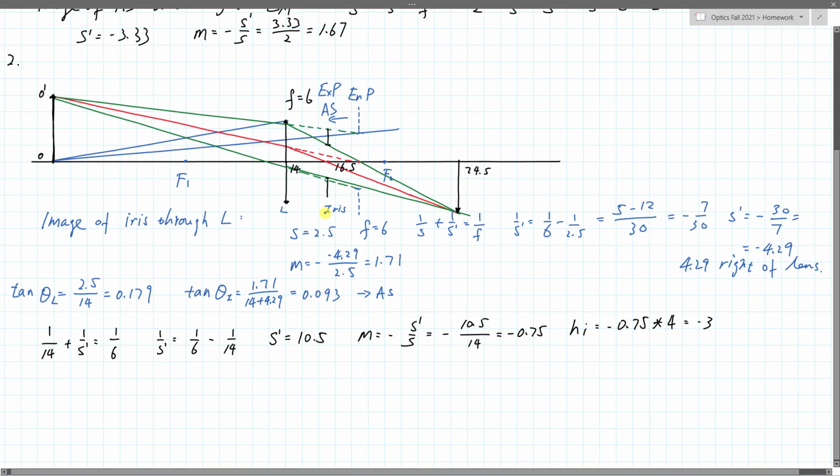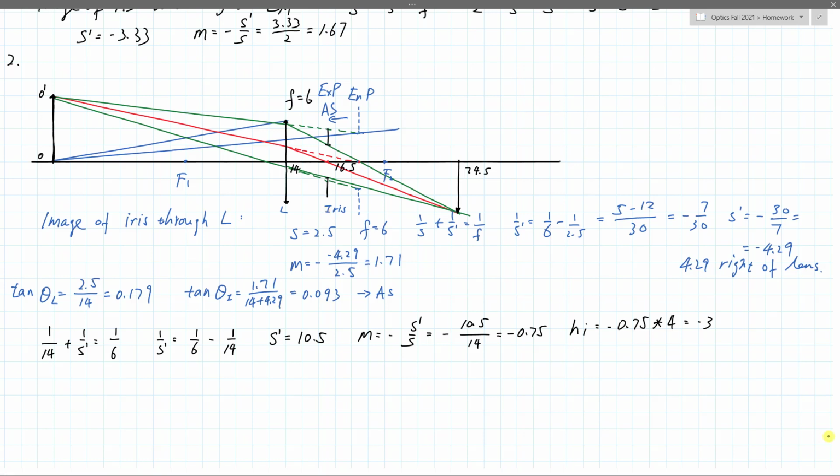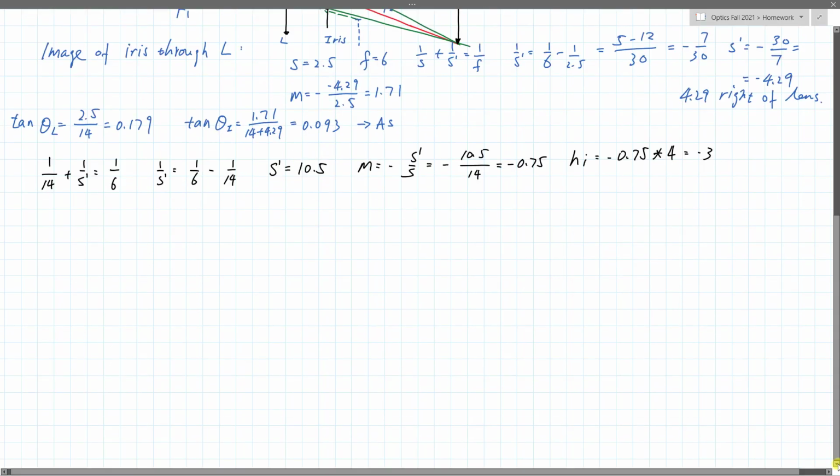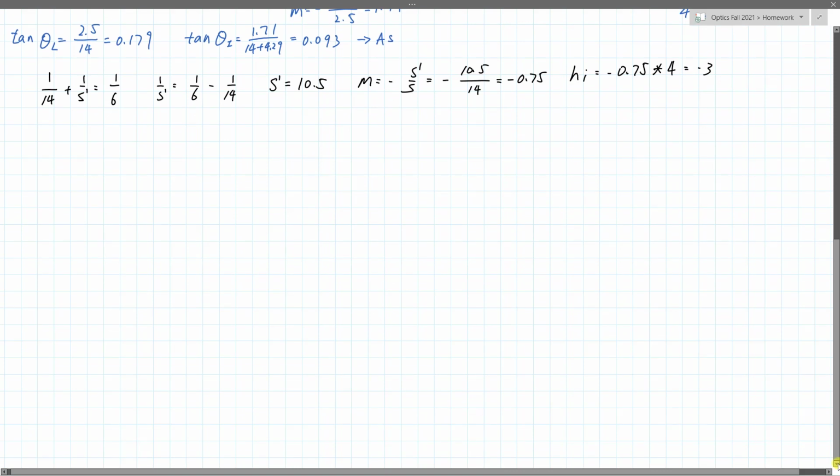And then question number 4 is a bit more difficult because it has 2 lenses and 1 aperture in between. So let's set up question 4 now. Alright, so let's read question 4. 3.4.